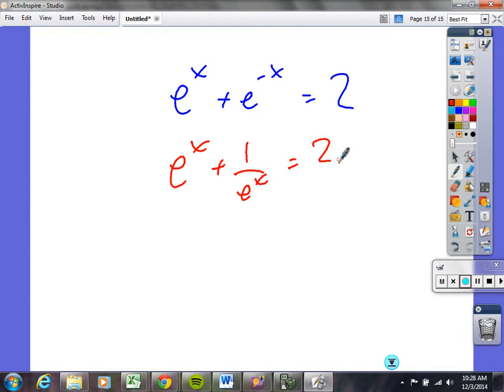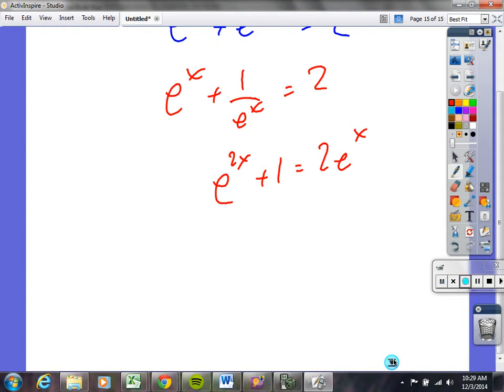And then, I don't like fractions, so what am I going to multiply everything by? So that's e to the 2x plus 1 equals 2e to the x. Then what do you guys think? Subtract them over. e to the 2x minus 2e to the x plus 1 equals 0.